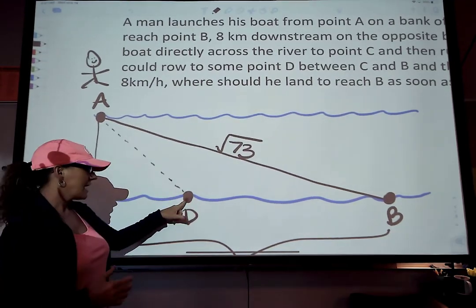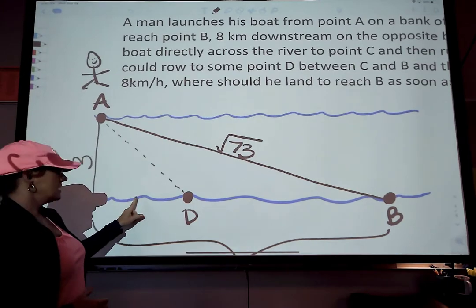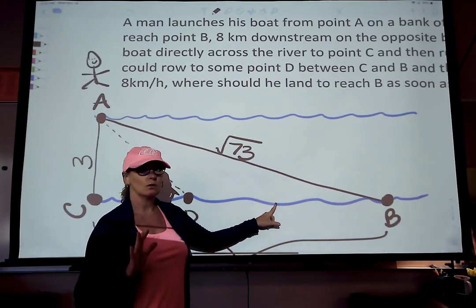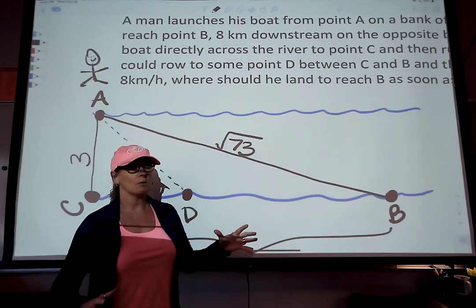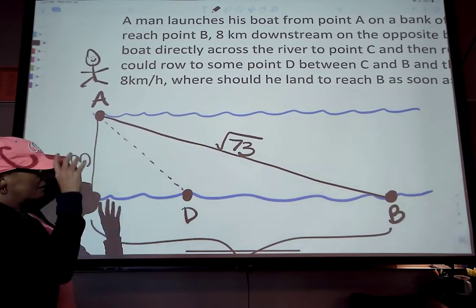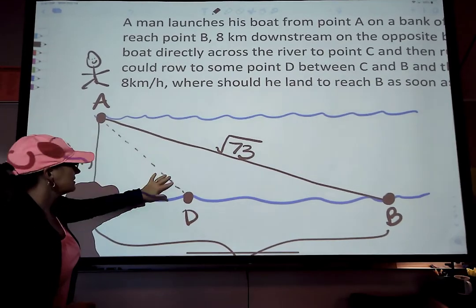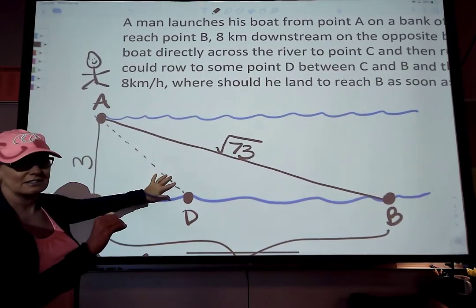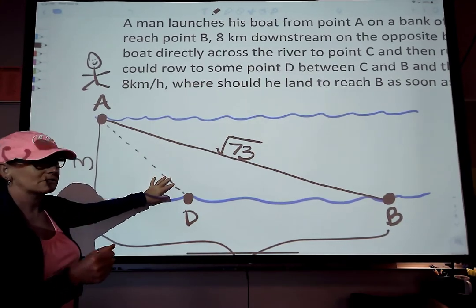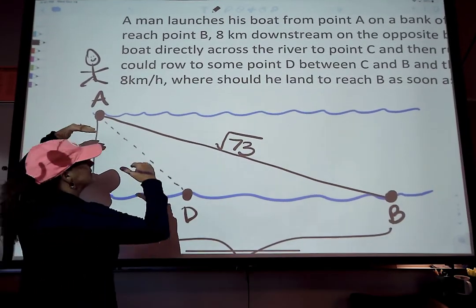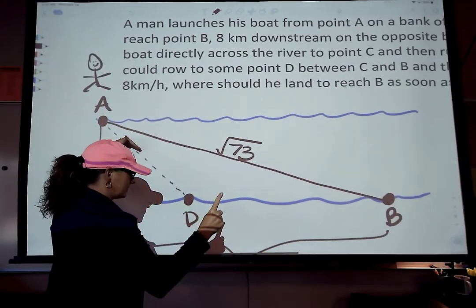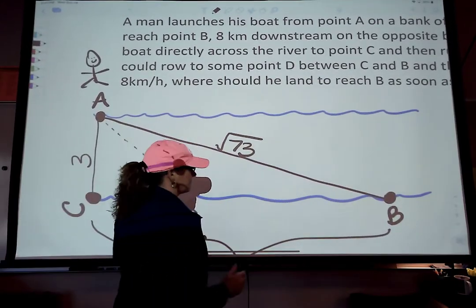I drew it here, but it could be here, it could be here. We really don't know. We've got to work out the entire problem in order to figure that out. Where should this be? All right, so what is this distance right here? We can't lock in a distance, but we can write a representation of the distance. So I need to somehow represent this distance as well as this distance.